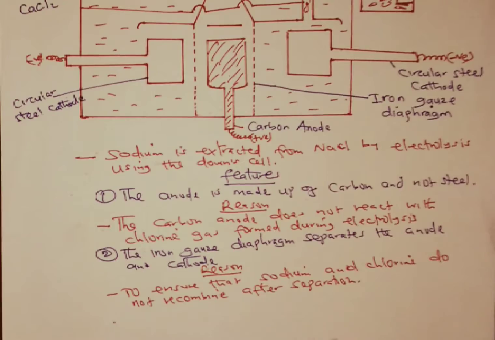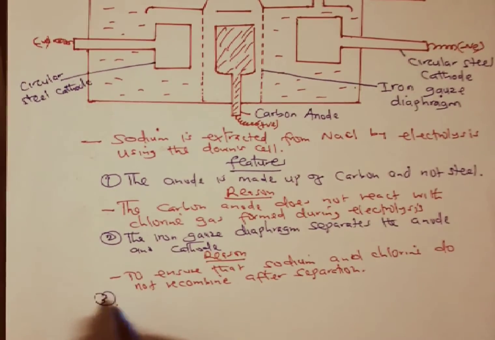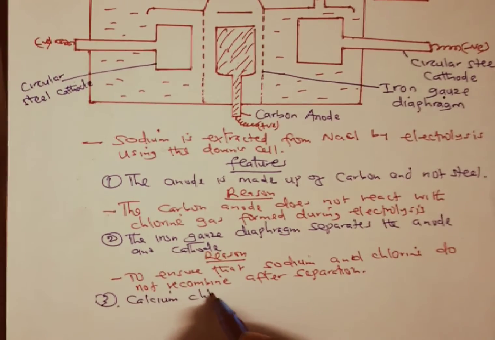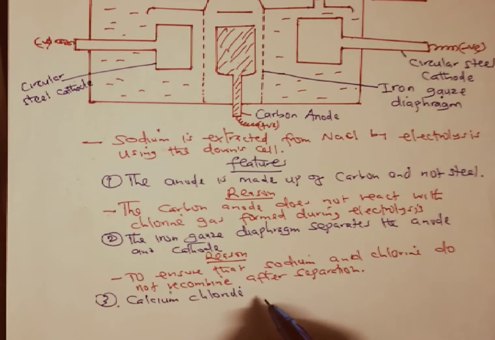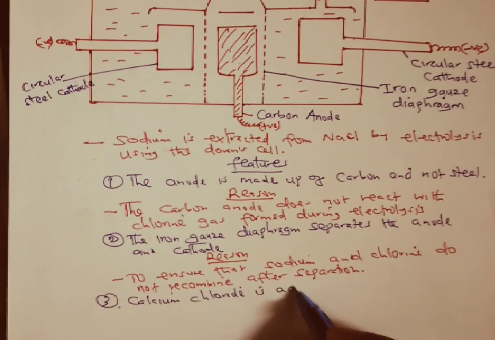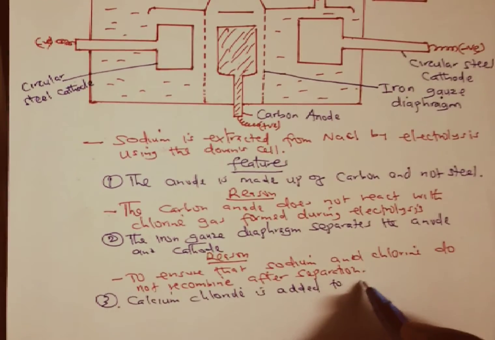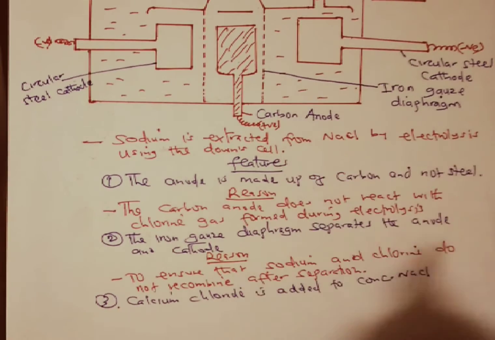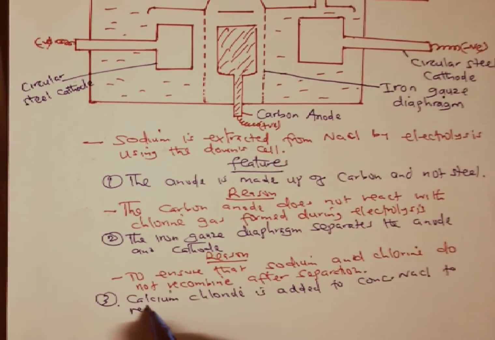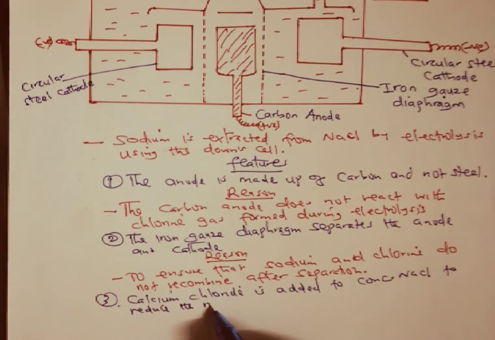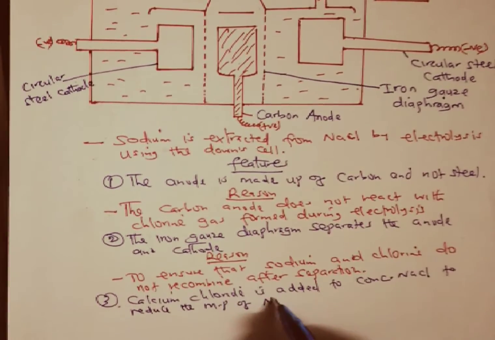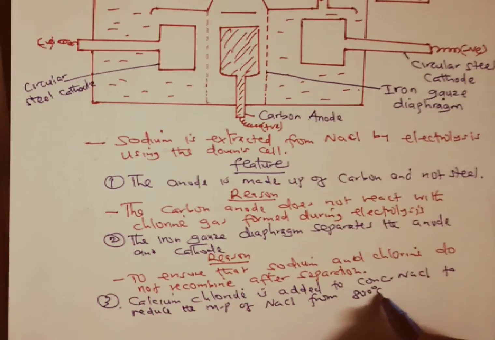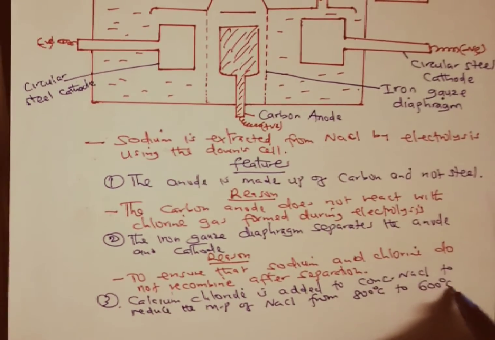So we can go down and say, in our point number 3, calcium chloride is added to concentrated sodium chloride, or simply rock salt, to reduce the melting point of sodium chloride from around 800 degrees Celsius to 600 degrees Celsius.